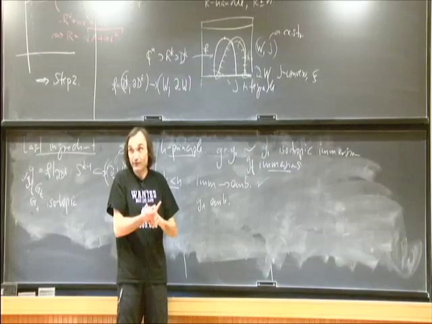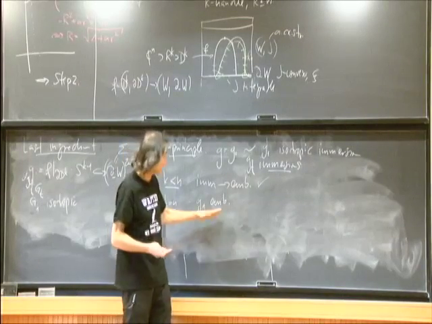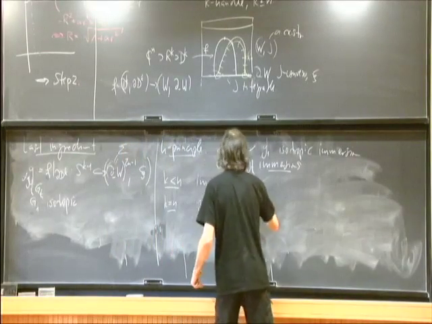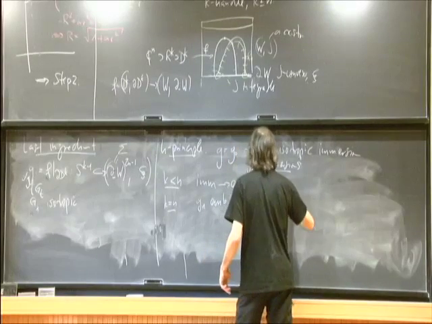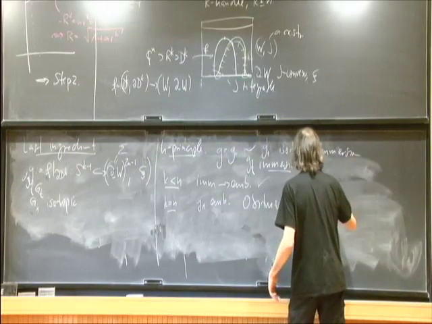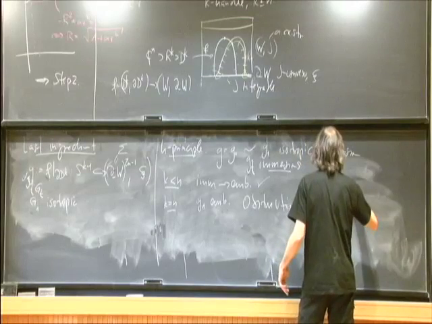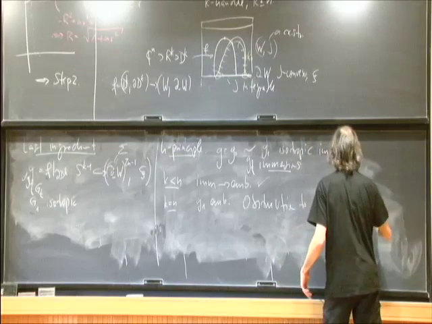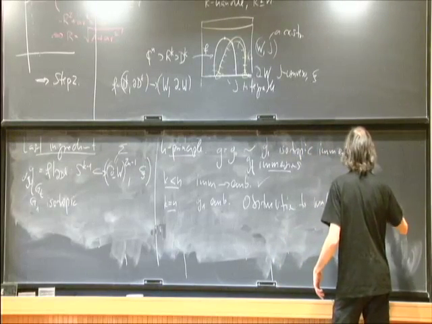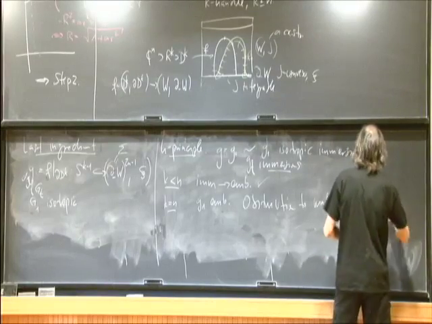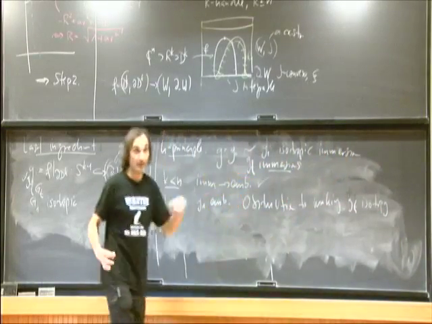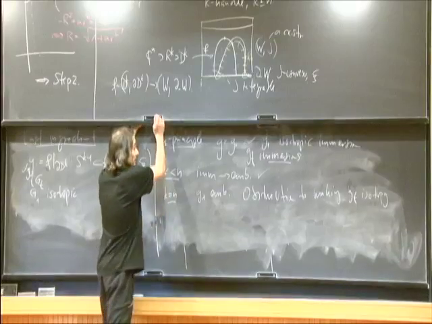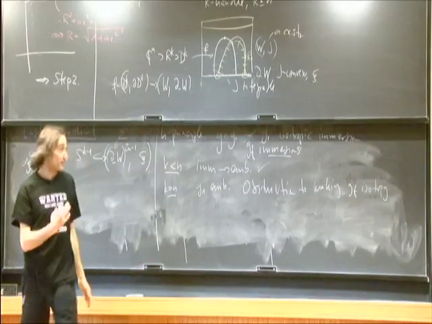So there's an obstruction to making the homotopy G_t an isotopy, isotopy meaning through embeddings.